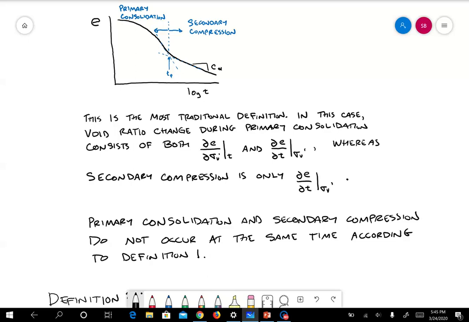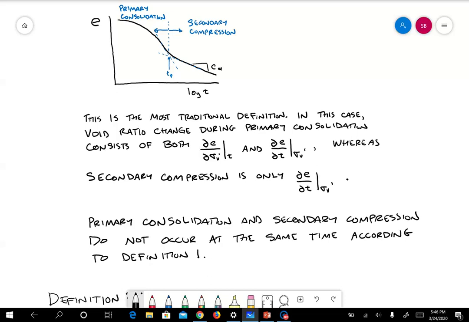Imagine that we've gone through some loading sequence and we've clearly reached what everybody would agree is the secondary compression region of the soil. Then what if we were to load it again and go through another consolidation episode? Are we saying that secondary compression would then stop and it would become primary consolidation until we reach a new tp, and then it would become secondary compression again? That part's a little bit strange to me too.